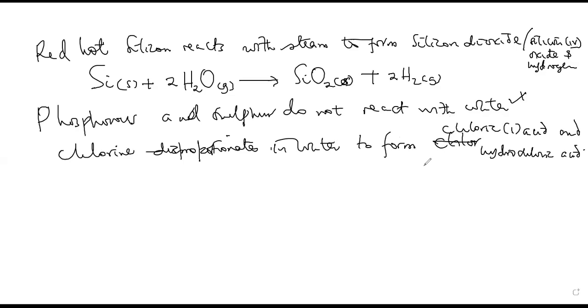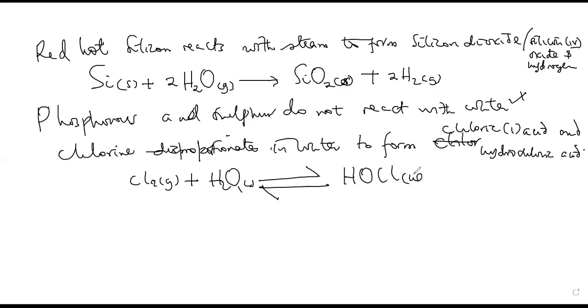One can call it hypochlorous acid and hydrochloric acid, or chloric 1 acid and hydrochloric acid. So Cl2 gas plus water liquid disproportionates reversibly, forming hypochlorous acid and hydrochloric acid. So those are the reactions with the water.